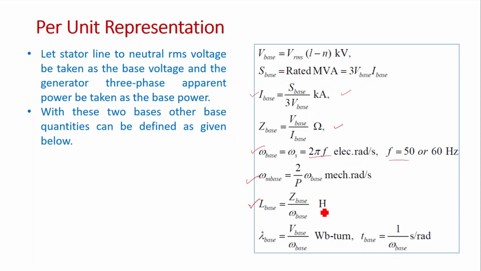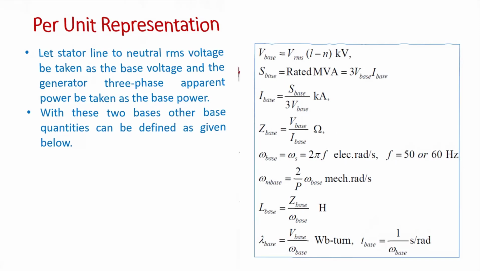Because omega L is equal to Z, so obviously it will be Z base by omega base, right? Similarly, your lambda base will be V base by omega base, and T base, the time base quantity, will be 1 by omega base second per radian, right? So these are the base quantities.